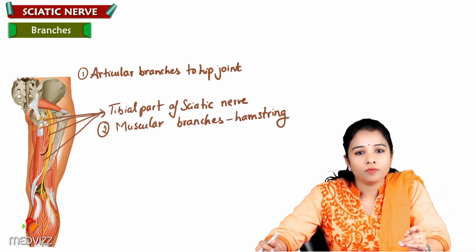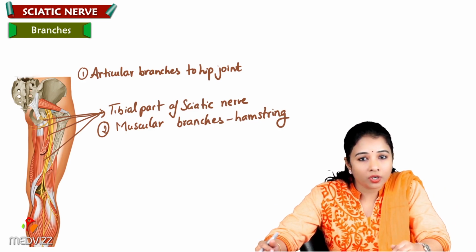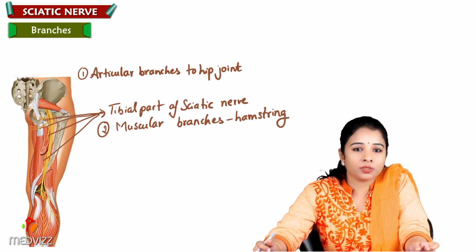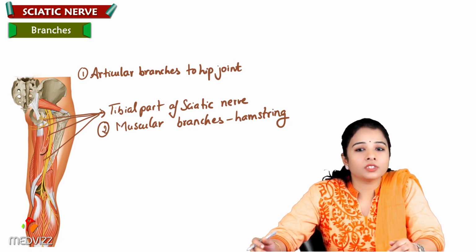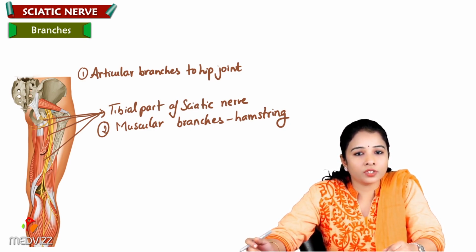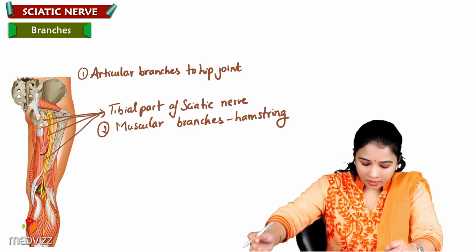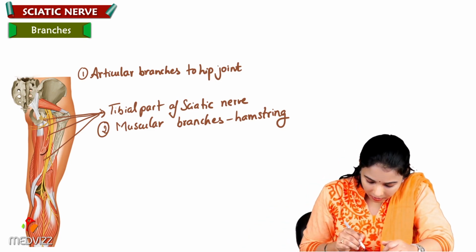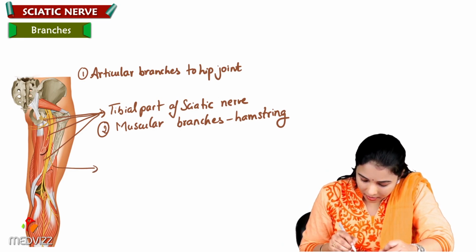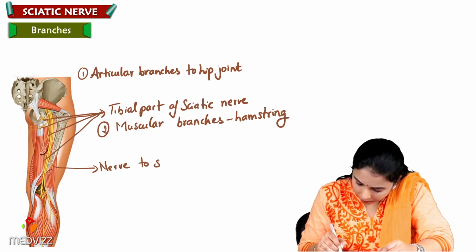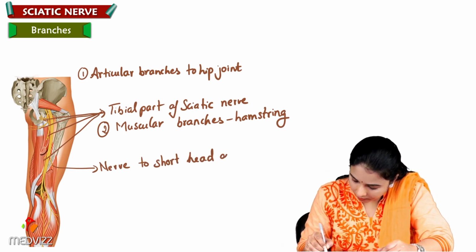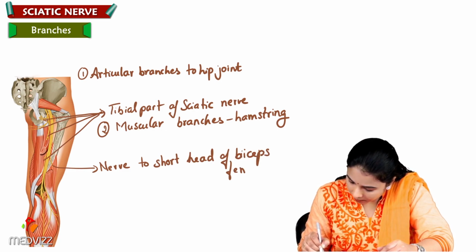And one branch goes to the short head of biceps femoris, that is the muscular branch to the short head of biceps femoris, which arises in the lower part of the thigh, from the lateral side of the nerve. This is the nerve to the short head of biceps femoris.